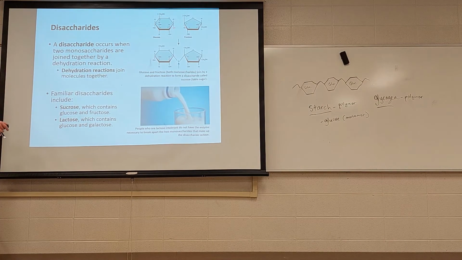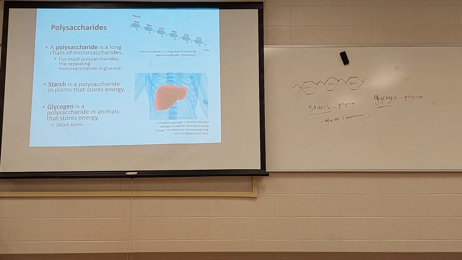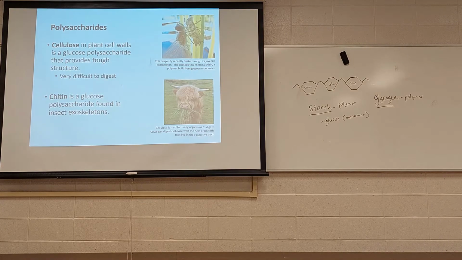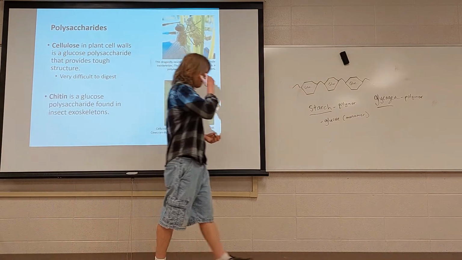Table sugar, sucrose, and lactose are two examples. And then polysaccharides, that would be long repeating chains of simple sugars making a nice long polymer. Starch and glycogen are two examples of polysaccharides. There are two more to be aware of.